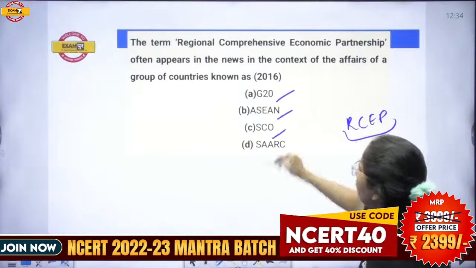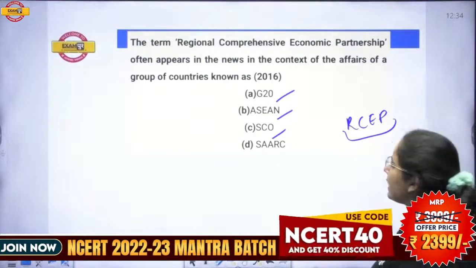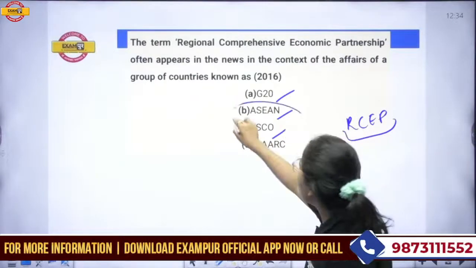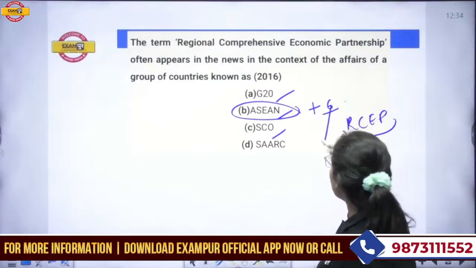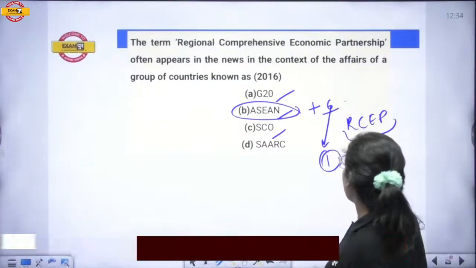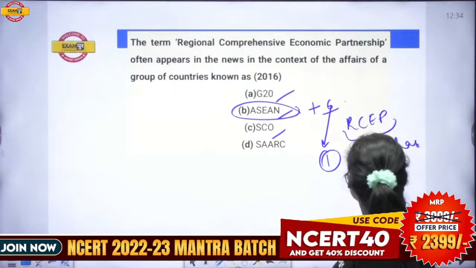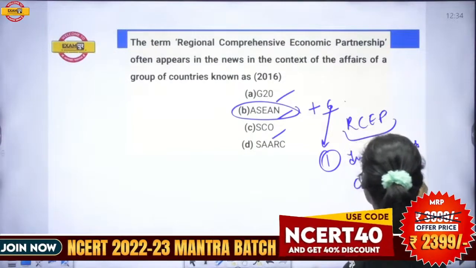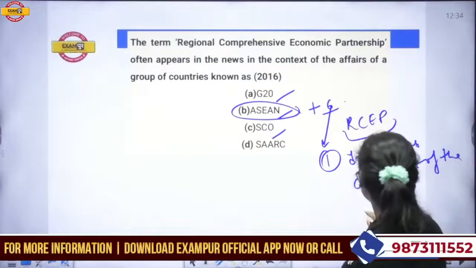G20, ASEAN, SCO and SAARC? What all members are included? Beyond ASEAN, you would see 6 extra countries, out of which one, India, has come out of the picture.